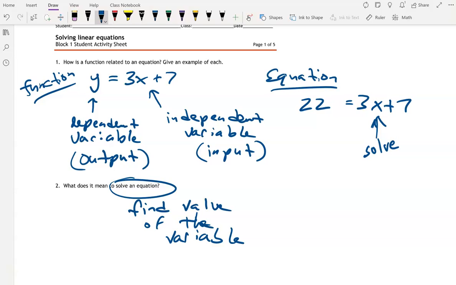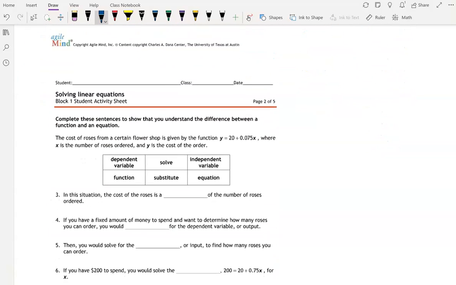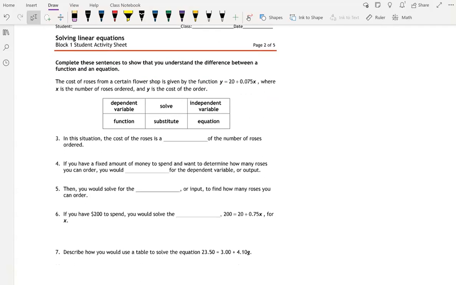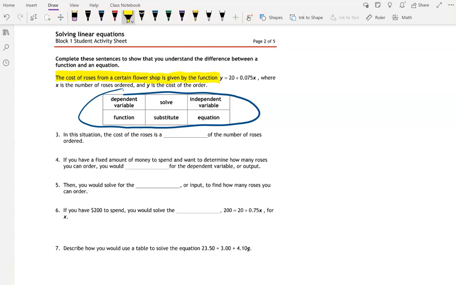Moving on to the next question, because we have limited time here. We want to complete these sentences to show what we understand about the difference between a function and an equation, and we have our word box here that we're going to use. It says that the cost of roses from a certain flower shop is given by the function y equals 20 plus 0.075x, where x is the number of roses ordered and y is the cost of the order.